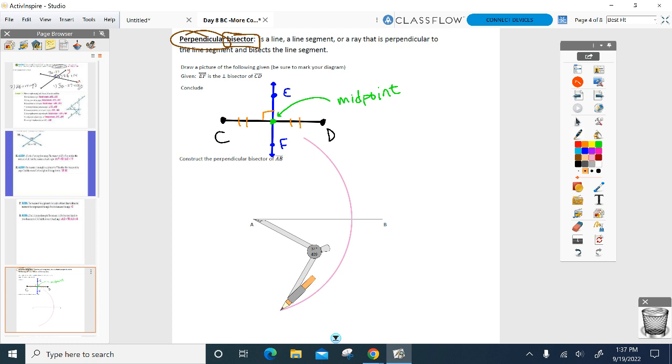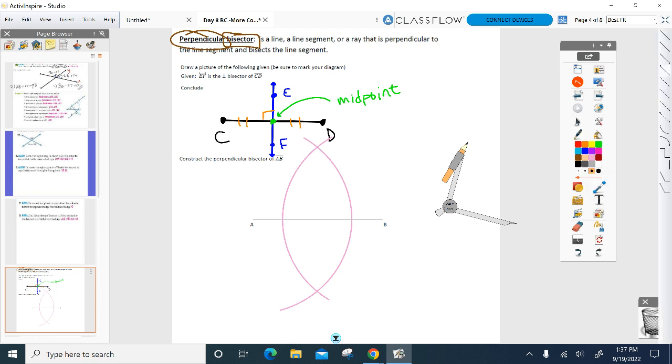Then where do I go? Other side, keep it the same opening, and then line it up.